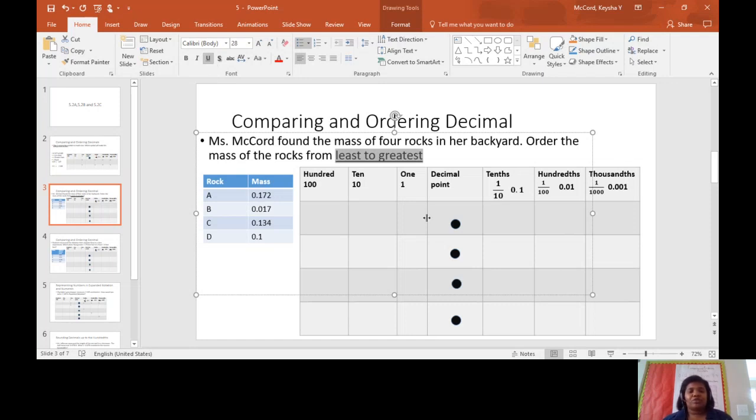So first thing I'm going to do is type my numbers in my place value chart. Okay. I'm going to place my number in my place value chart.